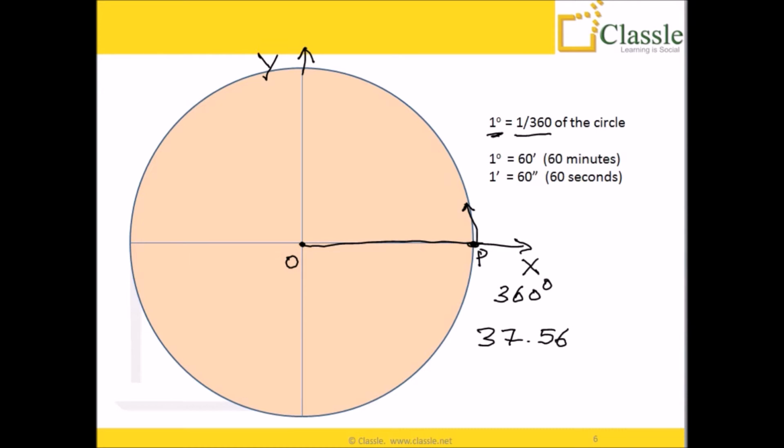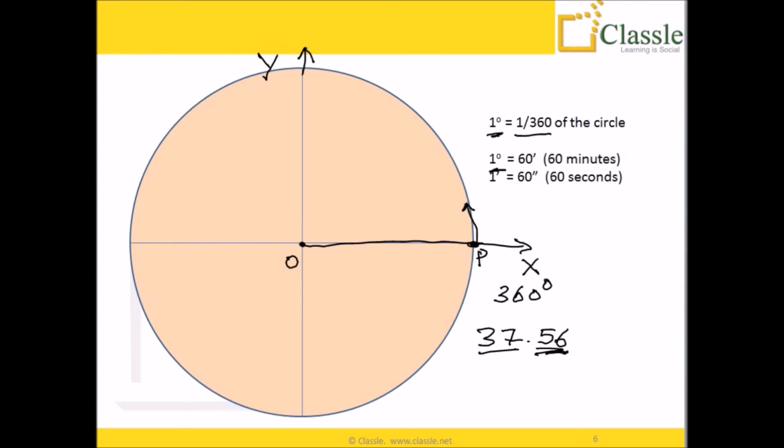One of the conventions in angles, in degrees, is you never use a fraction. So how can you represent something like this? So this is degrees. The fraction part, we use it with a subset.